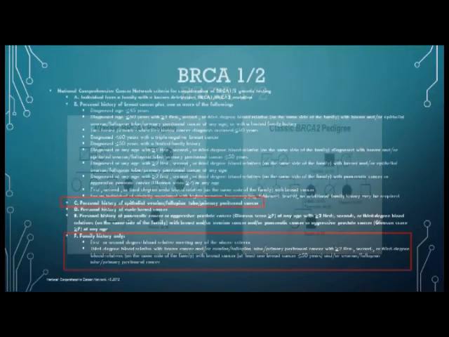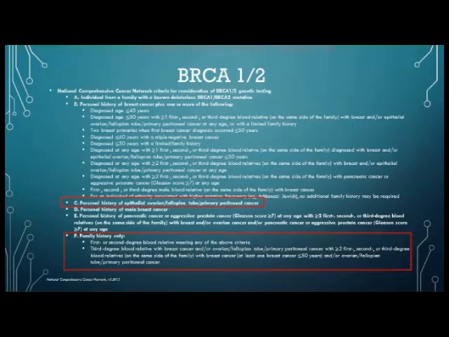So these are the NCCN guidelines for who to screen for BRCA1 and 2. The top is going through people with more of a breast cancer history or breast cancer family history. That's pretty detailed and specific on who to test and who not. Much easier in our field. If you have ovarian cancer, you should be tested.